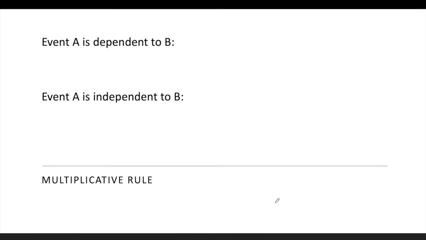For example, this can be defined by the multiplicative rule.